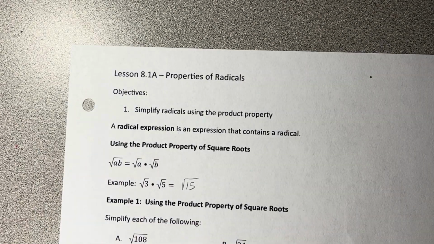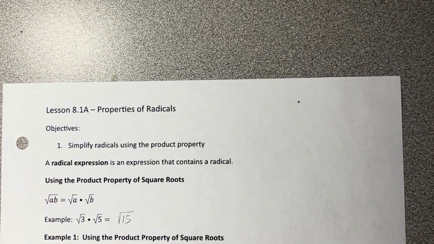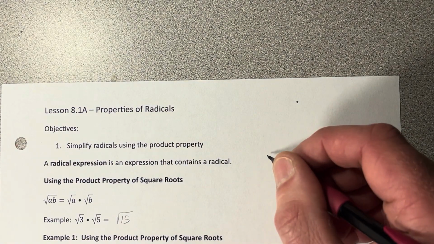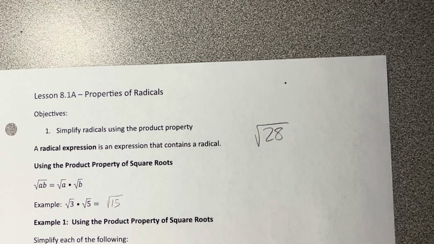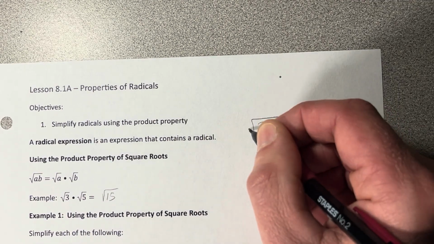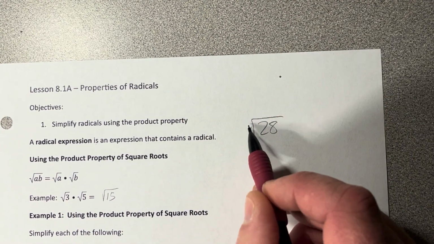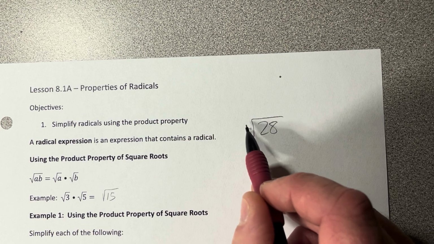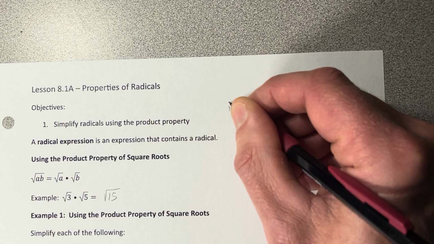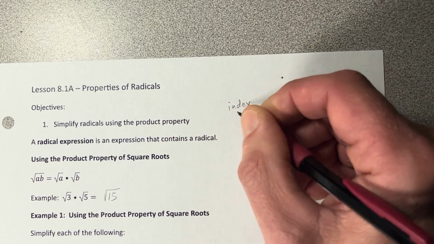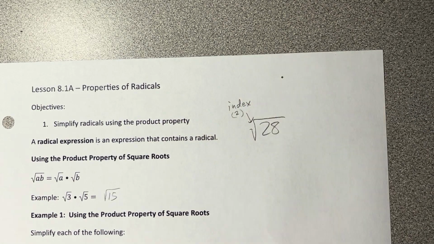So let's get a little bit of vocabulary down first. If you have the square root of 28, it turns out that this radical symbol can have a lot of different numbers here, but if nothing's written there, it's called the index. It's actually got an index of 2.